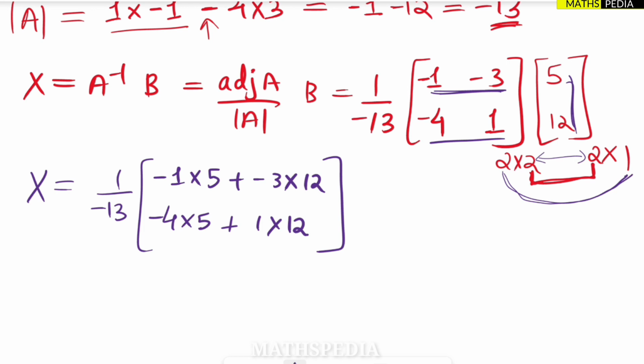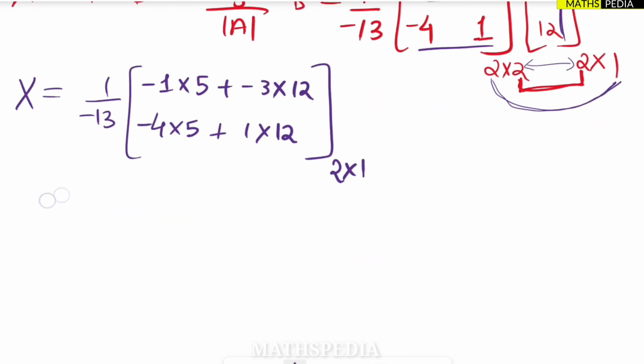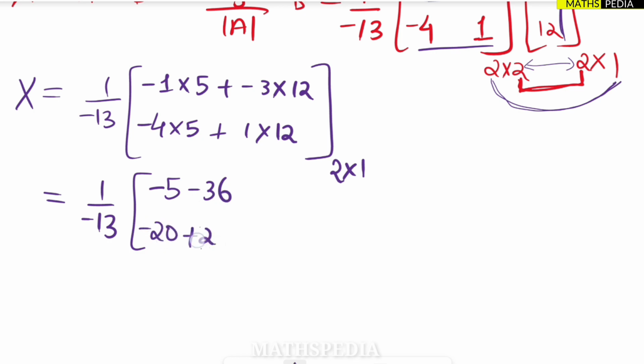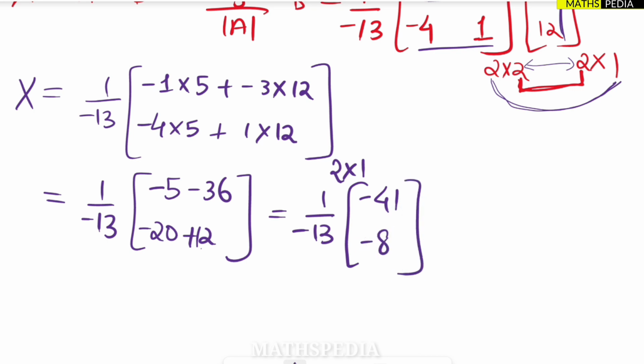This is nothing but a 2 cross 1 matrix. That means 2 rows and 1 column will be there. So what will be the answer? 1 by minus 13 into minus 5 minus 36, minus 20 plus 12, which is equal to 1 by minus 13 into minus 41 and minus 8, right?